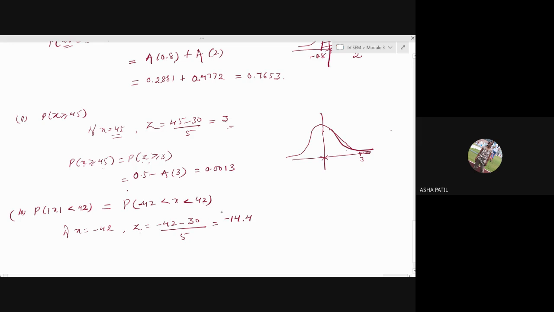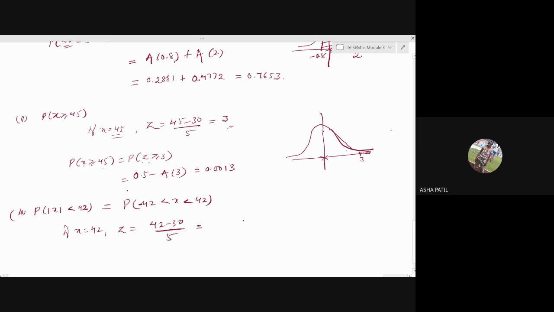If you put 42, see what you get. It is nothing but 2 times the area on the right. If X is equal to 42, what is Z equal to? It is 42 minus 30 divided by 5.